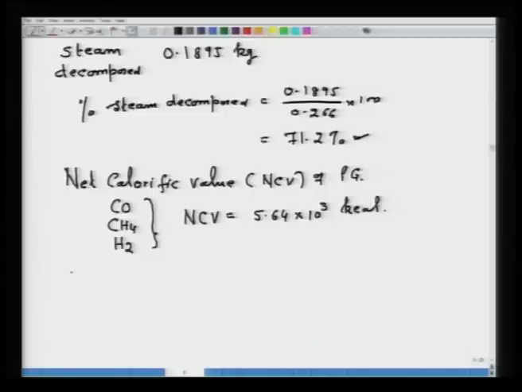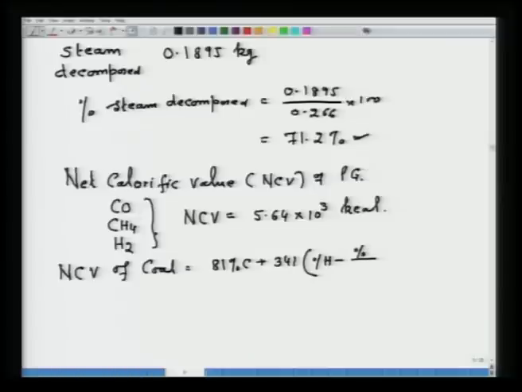Similarly, we can now calculate NCV of coal. I have given the formula, but once again I can write down NCV of coal, which will be equal to 81% carbon plus 341 percentage H minus percent O upon 8, minus 5.84 into 9% H plus M, in kilocalorie per kg.